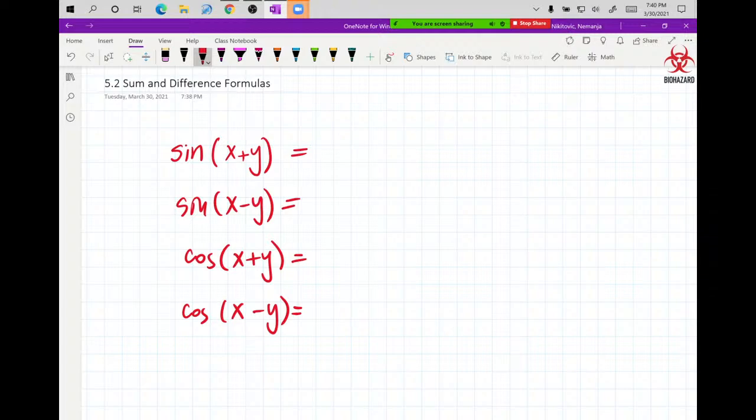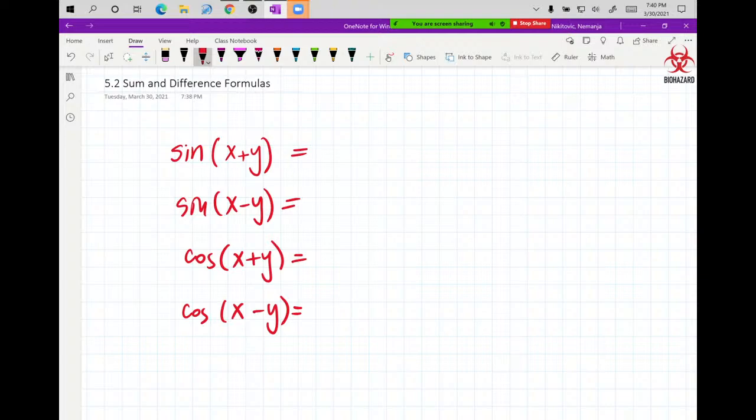They are all similar, but that's what they look like. And x and y are two angles. They could be the same angle, right? Which we will see in the next section, what happens when it's x plus x rather than x plus y. But now, let's just take a look at sine of x plus y.